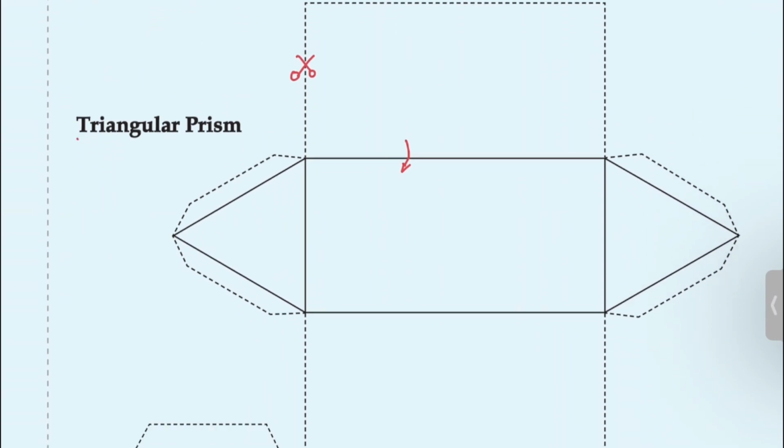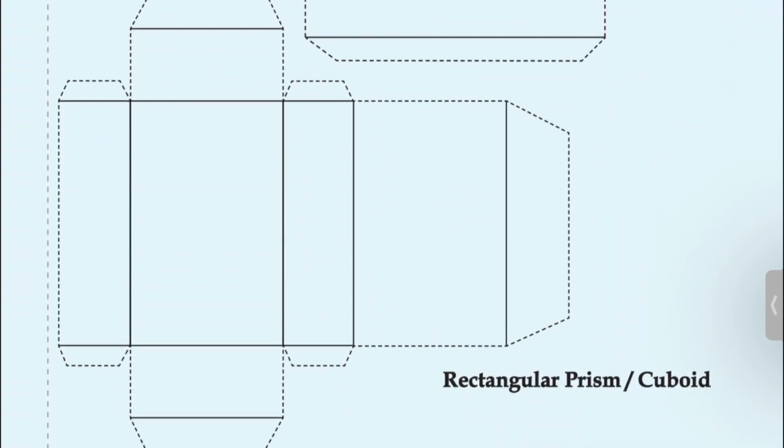If you do so, you will get a triangular prism. Similarly, if you cut along the dotted lines and fold along the dark lines, you will get a rectangular prism or cuboid.